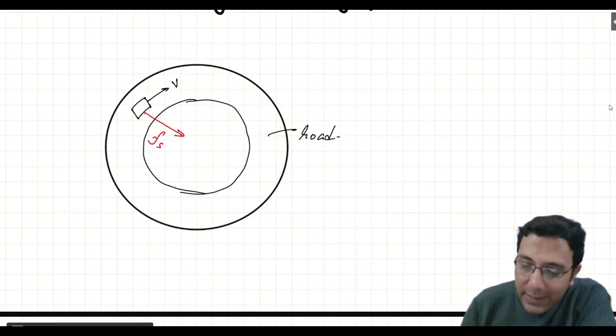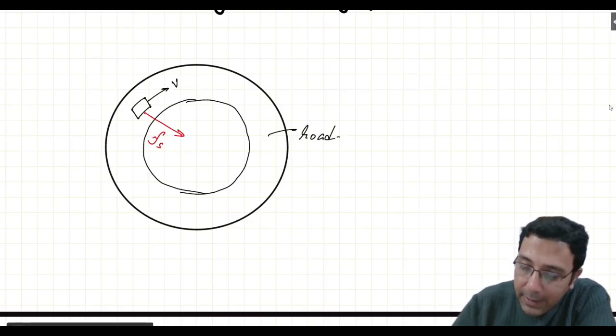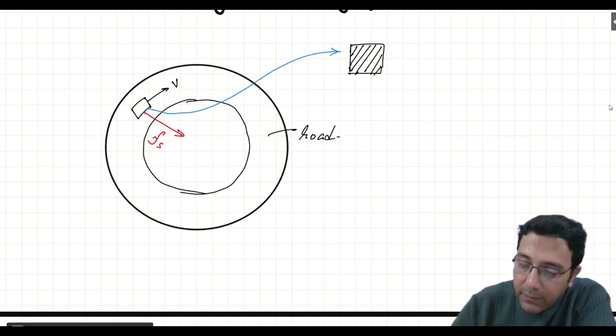Now if I just draw the free body diagram of the body, it will be like this. Let's say this is the body that we have considered.